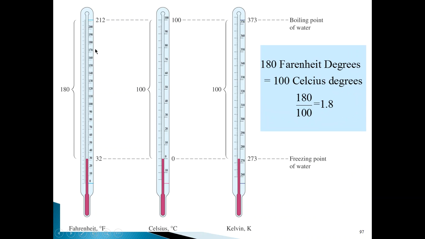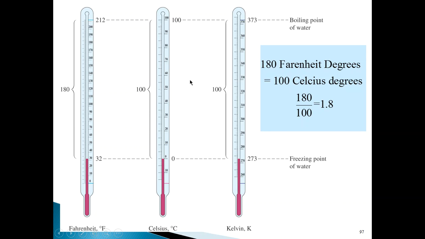Now, this diagram here basically shows you a side-by-side comparison of the different scales. So this represents a thermometer which is graduated in Fahrenheit. This shows you a thermometer which is graduated in Celsius, and this is the thermometer graduated in Kelvin. And we can do some comparison in terms of the numbers. For example, the freezing point of water, which is 0 degrees Celsius by definition, turns out to be equal to 32 degrees Fahrenheit and also 273 Kelvin.